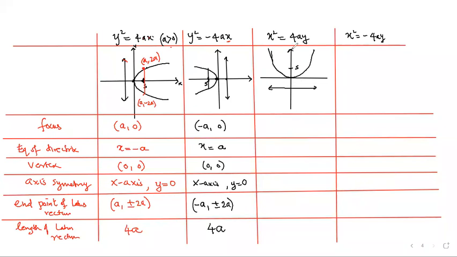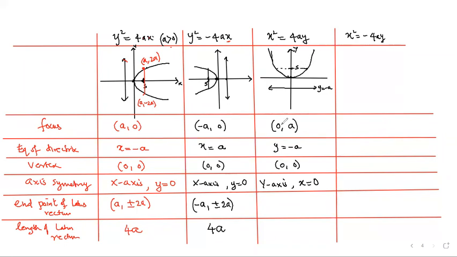Now because it is on the y-axis, the x coordinate and y coordinate will get interchanged. The equation of the directrix becomes y equal to minus a. The vertex will remain the same. The axis of symmetry becomes the y-axis, and its equation becomes x equal to 0.